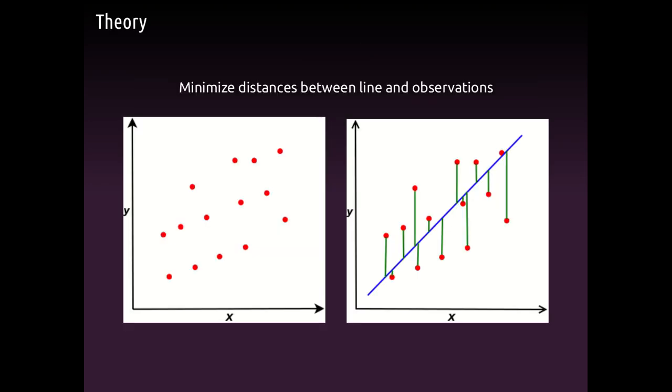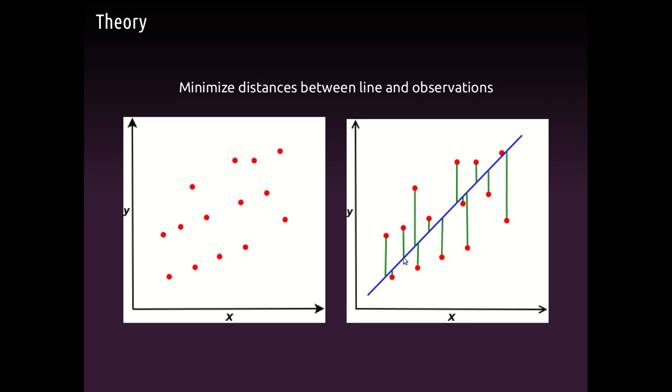And now we'll jump to the theory of it, which represents how we can select such a line. Actually, people have agreed that a very convenient way to select a line that represents this correlation or this relationship between x and y is that we can say the best fit or the best line could be the line which minimizes the distances between the true observations here and the line itself.